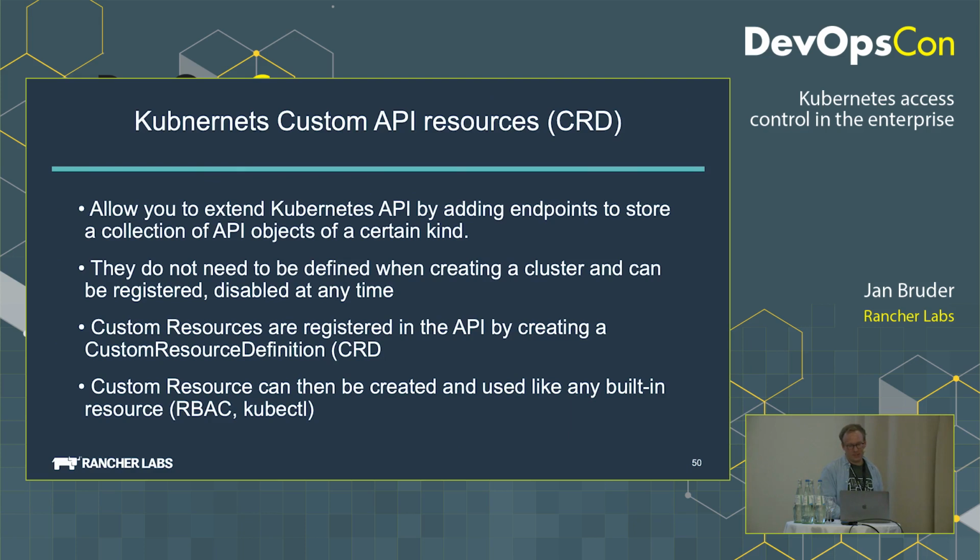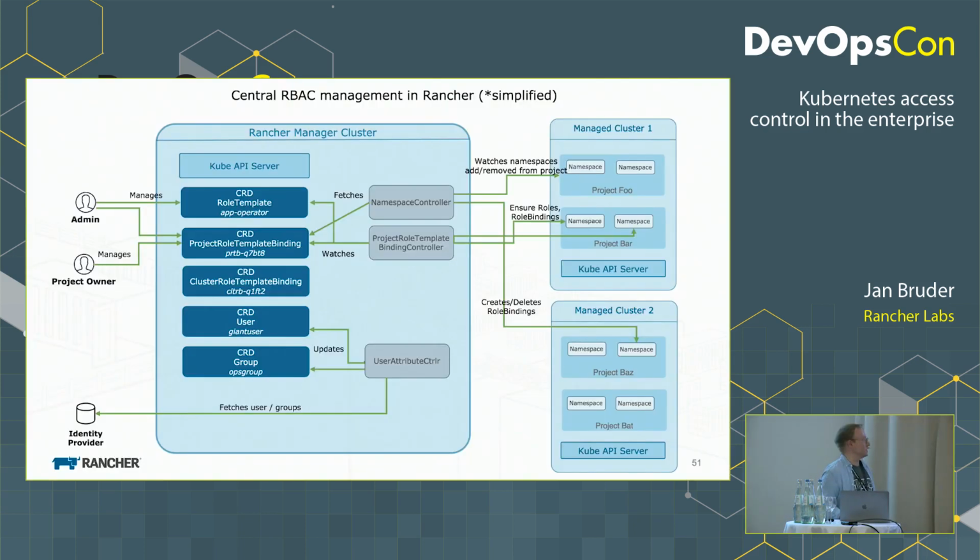And to manage the RBAC, we make use of that as well. If you look at this diagram, you see something called the Rancher Manager Cluster. This is a Kubernetes cluster dedicated to running the Rancher server. You can see that we rely on a couple of custom resource definitions to manage RBAC. First of all, we have the roles, which are the central roles. Then we have bindings that define a mapping between users, groups, and a role in a specific cluster.